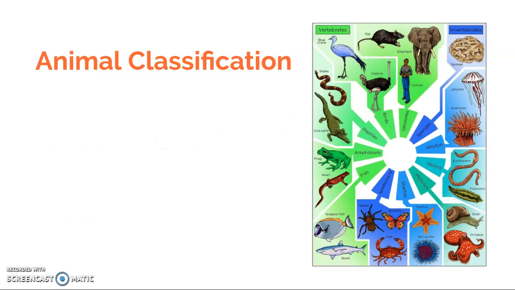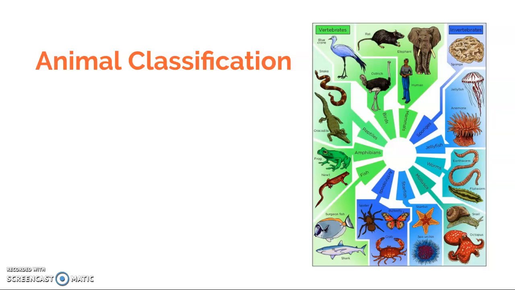So animal classification. There are perhaps as many as 9 million species of living organisms on Earth. Scientists are continually finding new organisms to name and to classify. One of the most obvious distinguishing characteristics of animals is whether or not they have backbones.